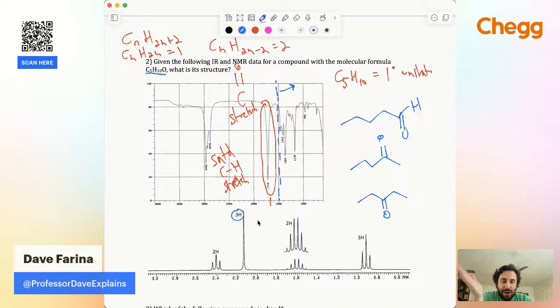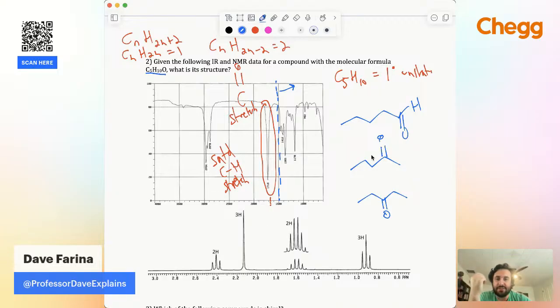So that means that we probably have a methyl group, and those protons are not split by anything. So that methyl group is probably next to the carbonyl, right? So that alone kind of already helps us make our decision here, because in any other case, you're going to have protons on these carbons that are being split by adjacent sets of protons.